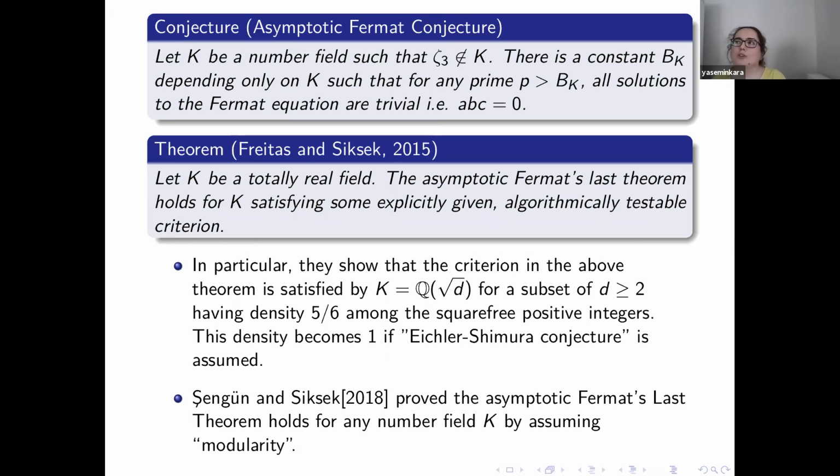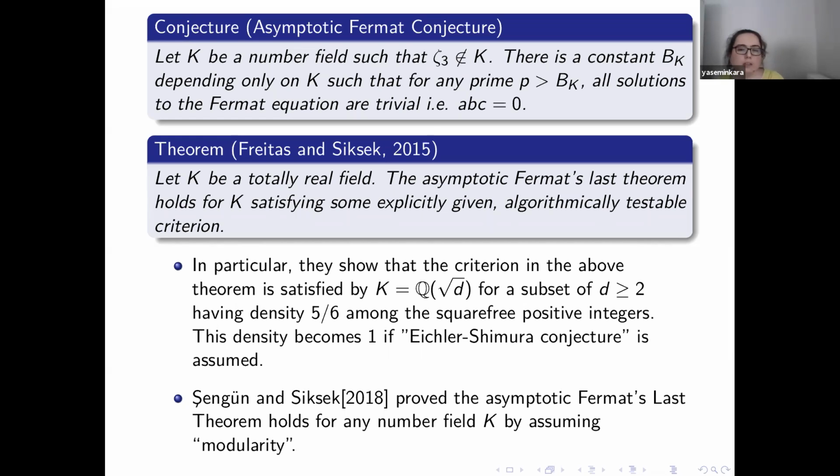Hopefully, it is clear from our previous example. In particular, they show that their criterion is satisfied by a subset of real quadratic fields which has density 5 over 6. Okay, and this density becomes 1 if they assume the Eichler-Shimura conjecture.